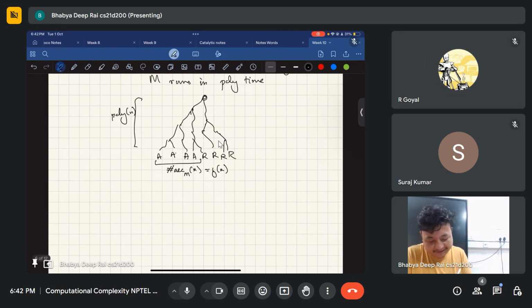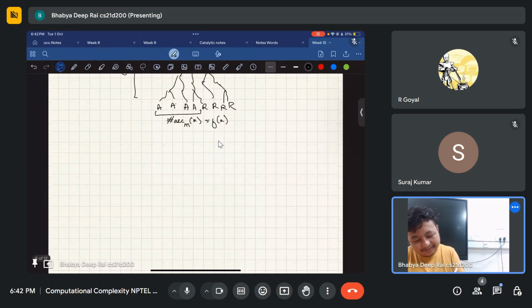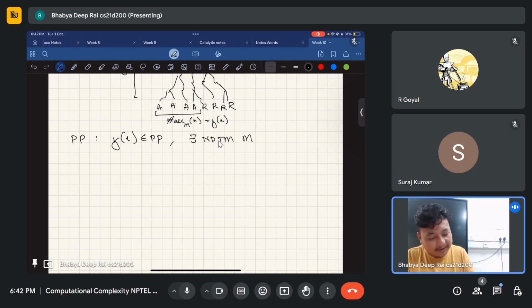So for example, there is something called PP. f of x is in PP if there exists a non-deterministic Turing machine M such that for all x, x is accepted if there exist exactly half accepting paths.